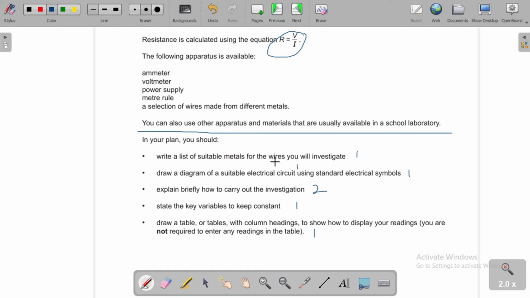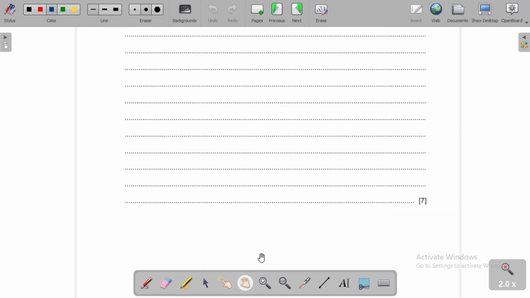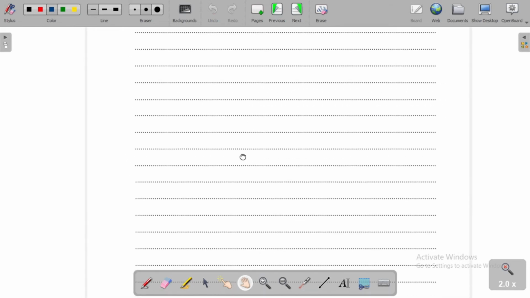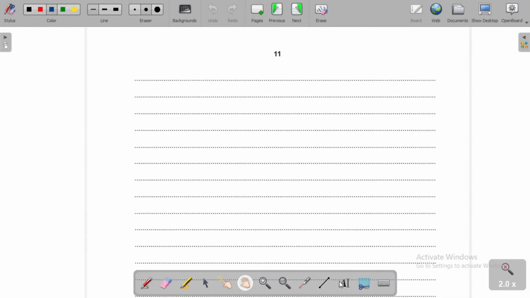Write a list of metals for the wires you will investigate. What you need to do here is to look at conductors that you want to find the resistances of. So let me use this one. List of wires.